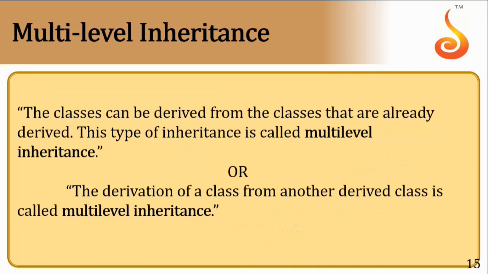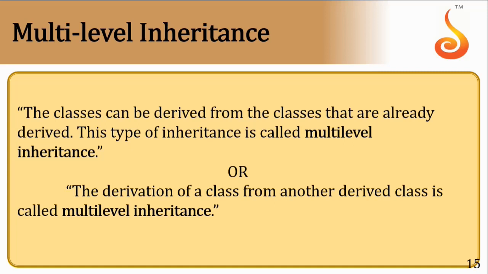Next is multi-level inheritance. What is multi-level inheritance? Multi-level inheritance is nothing but I'm deriving a class B from A. So A is the base class, B is the derived class. Then I can derive one more class C from B, where B is the base class, C is the derived class.